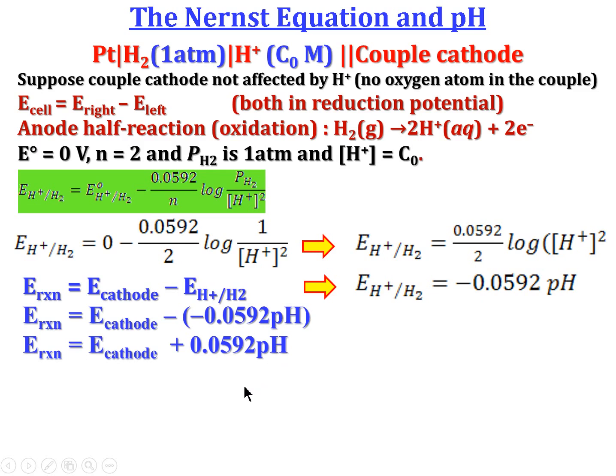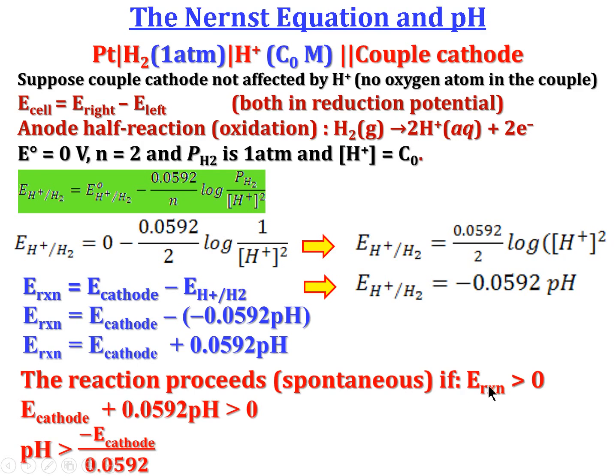For the reaction to be spontaneous, E of the reaction should be positive, therefore E cathode plus 0.0592 pH is positive, and the pH should be greater than minus E cathode divided by 0.0592.